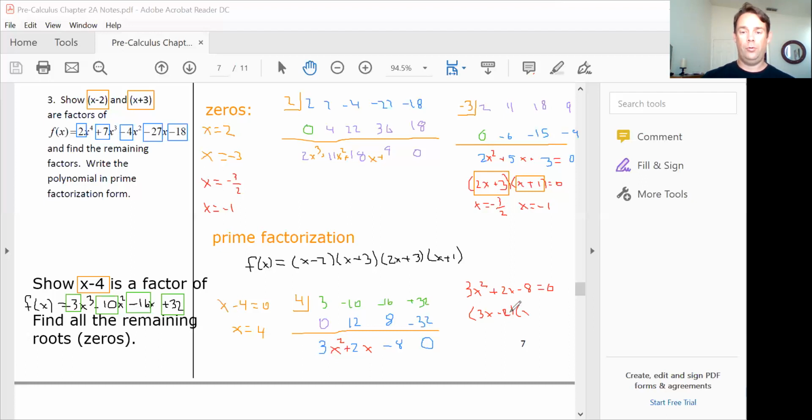Make that a 4, and we'll make this a minus 2 plus 2. So 3x minus 4 times x plus 2 is what you should have come up with. And friends, that means that x is equal to 4/3 and x equals negative 2. And there we have it, friends. We have all 3 of our roots. x equals 4, x equals 4/3.